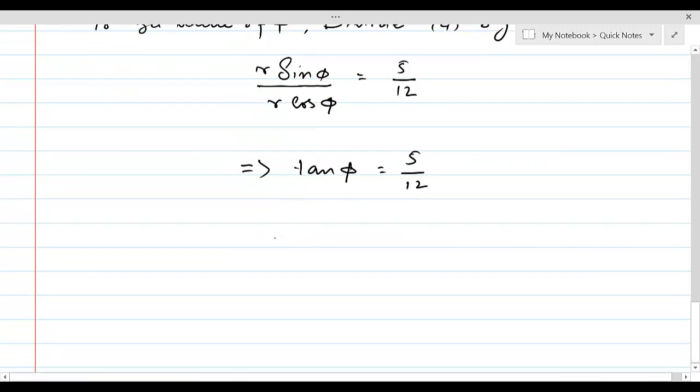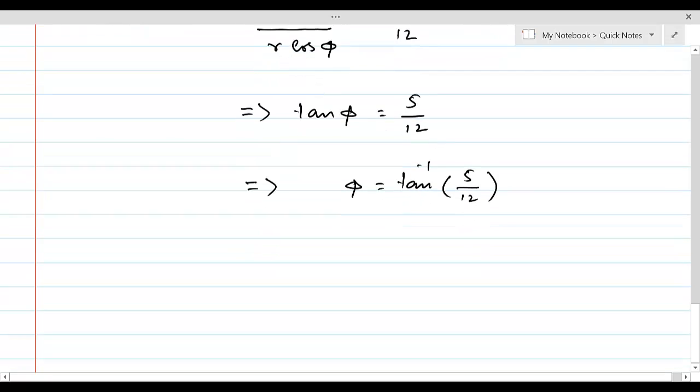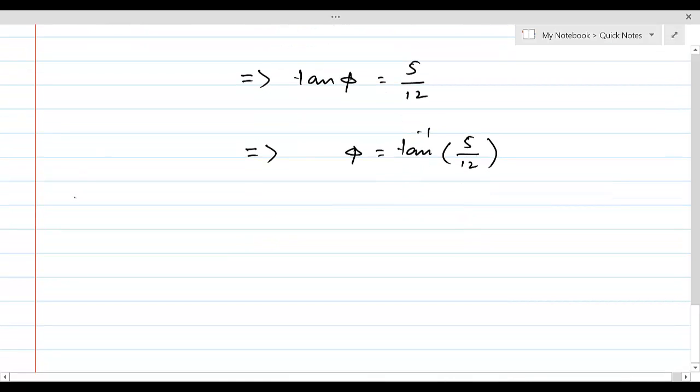This means phi is equal to tan inverse 5 over 12.